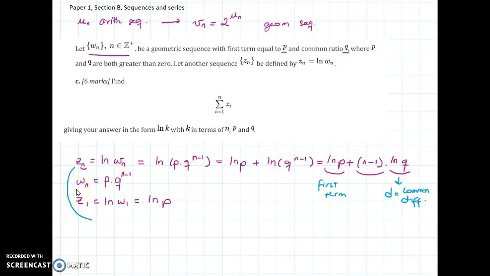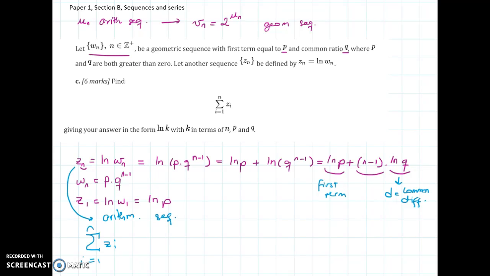So in other words, our new sequence is an arithmetic sequence, and we just have to find the sum of the first n terms of this sequence. We have a formula for that, so let's look in the formula booklet.